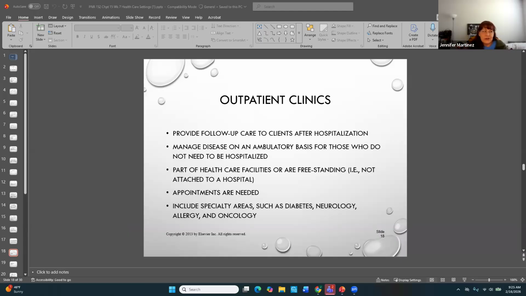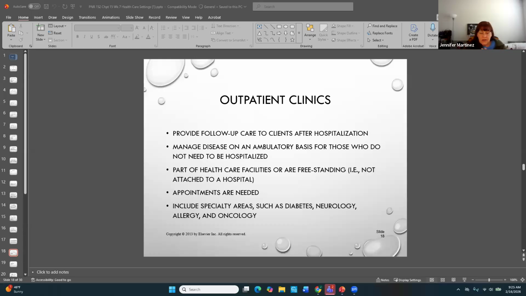When we go outside of the hospital system, we have things like our ambulatory services, which are your outpatient clinics. And there's a variety of different types of outpatient clinics that you may find as well.